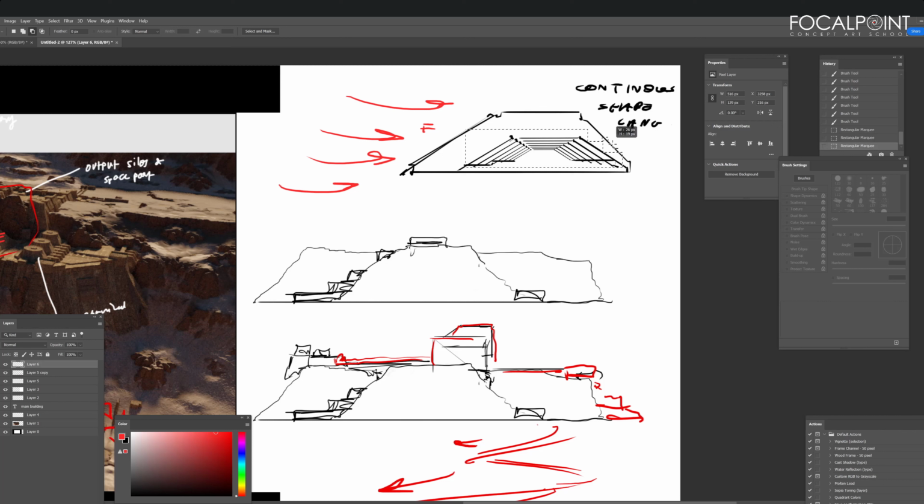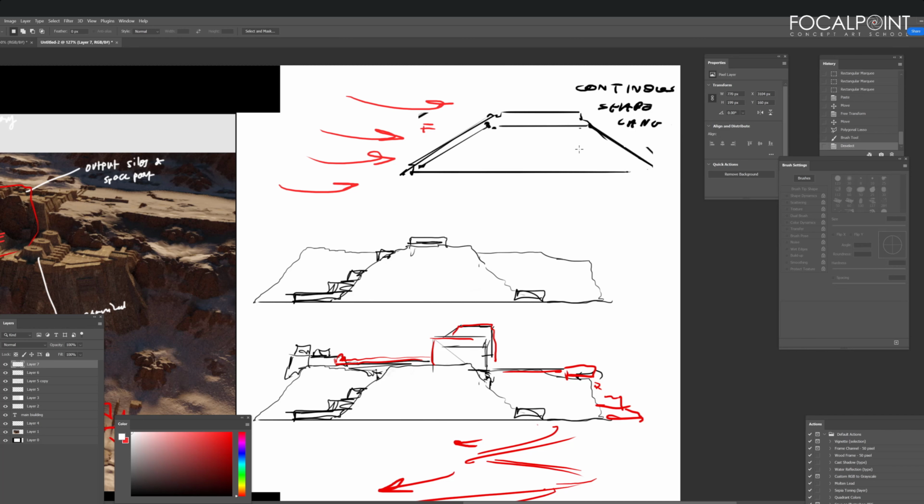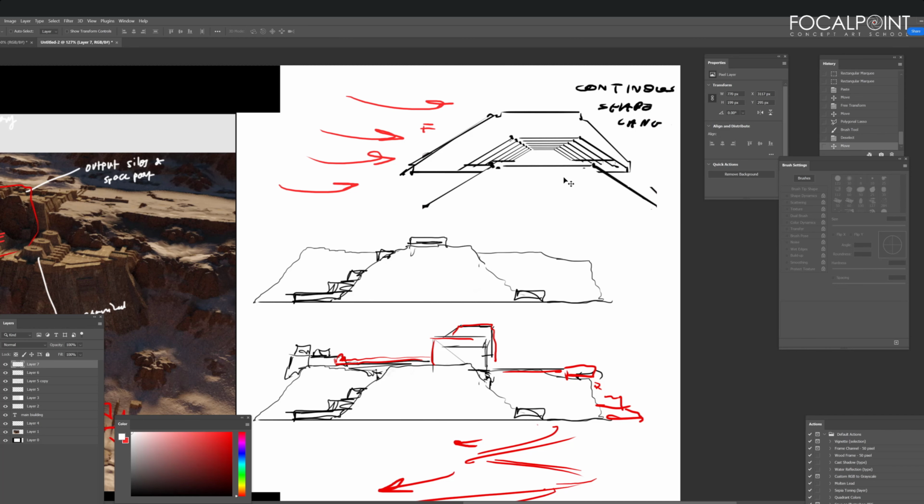my Photoshop is a little bit laggy because I'm recording, but I hope you guys can see that. But imagine this is a full panel that slides onto the structure during the heavy sandstorms.